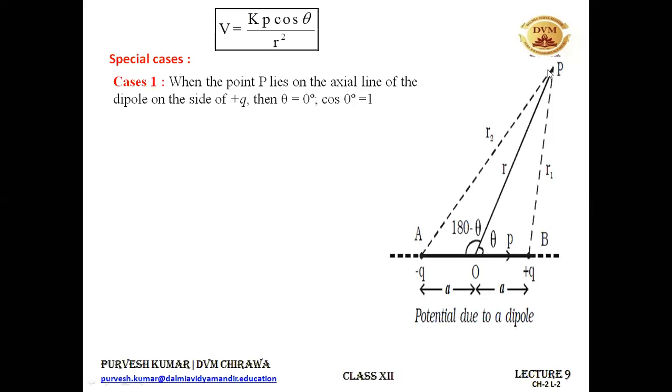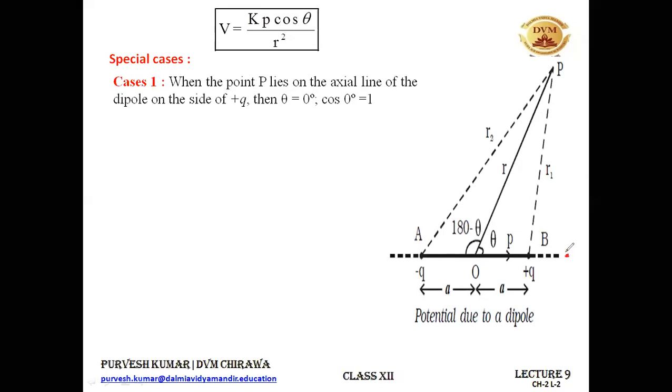If this point P is somewhere over here on the axis of this dipole, you can see it. I have taken this point P from here and put it over here, the point that is marked with red color.